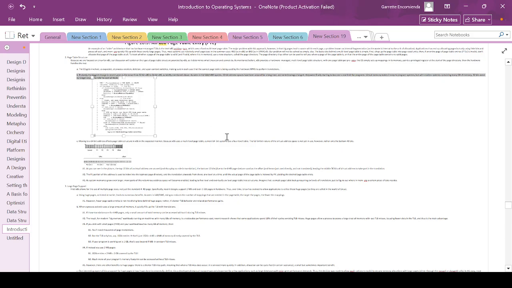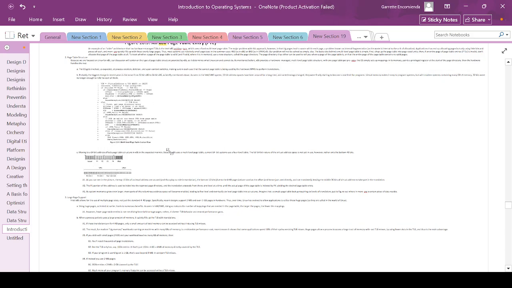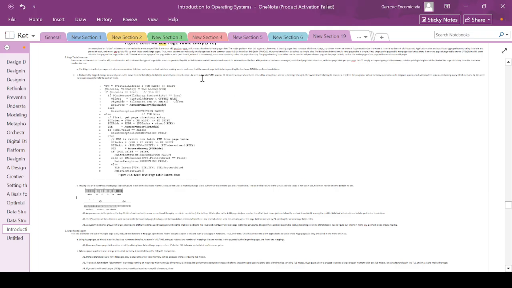Probably the biggest change in recent years is the move from 32-bit x86 to 64-bit x86, as briefly mentioned above. As seen in the VAX/VMS system, 32-bit address spaces have been around for a long time, and as technology changed, they were finally starting to become a real limit for programs.